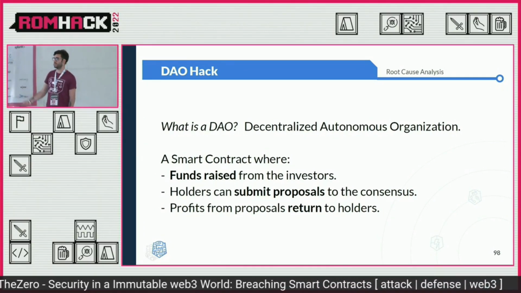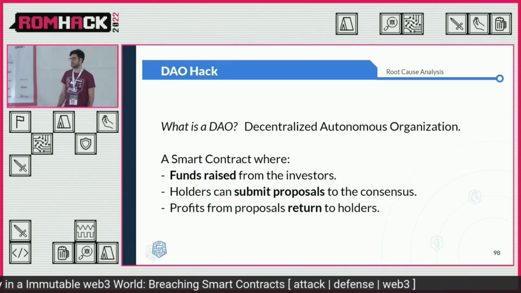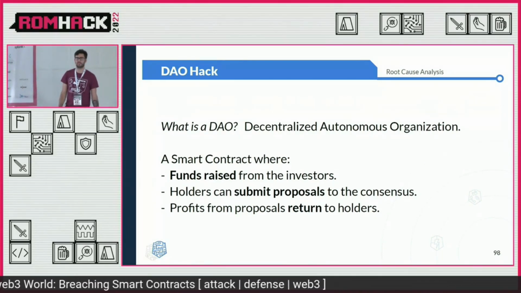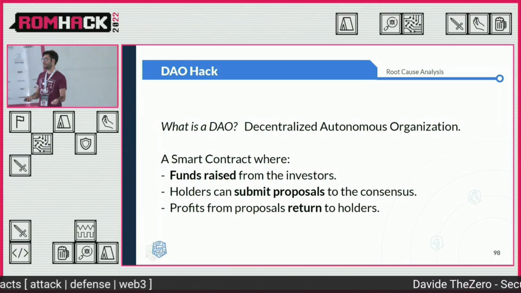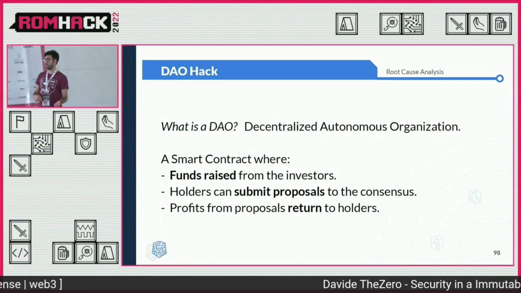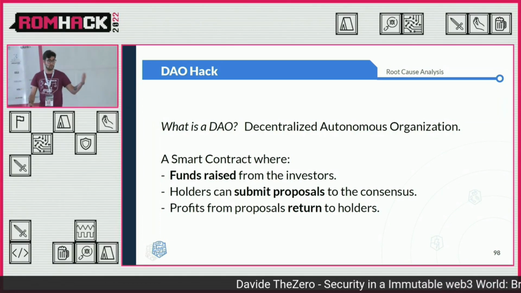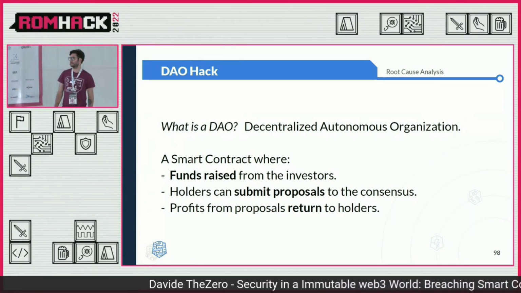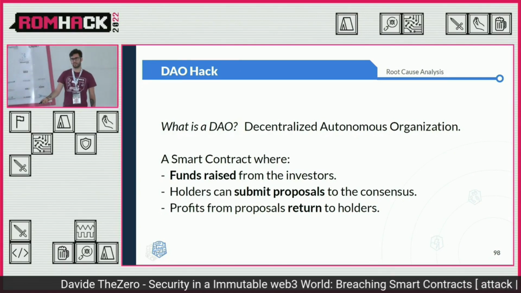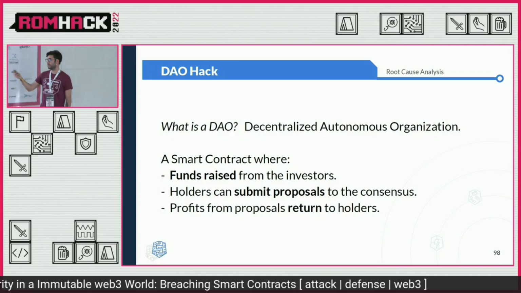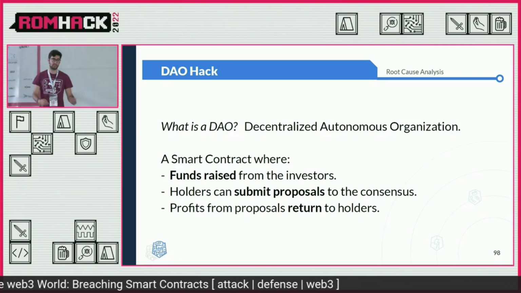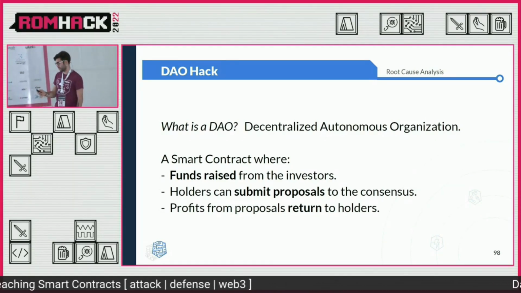And this is all done with smart contracts. There are smart contracts that raise funds from investors, and smart contracts where voters can vote on proposals, and then when a proposal is funded, the profit inside the smart contract will go to the investors that actually invested in it.